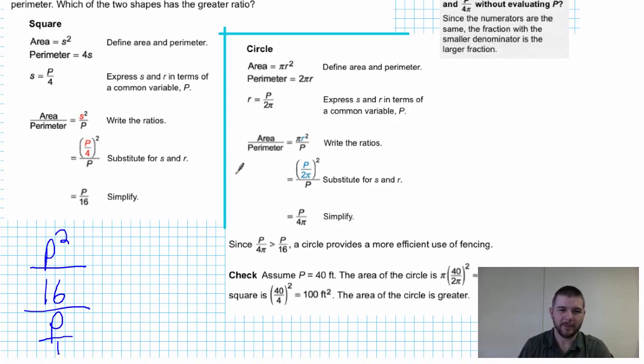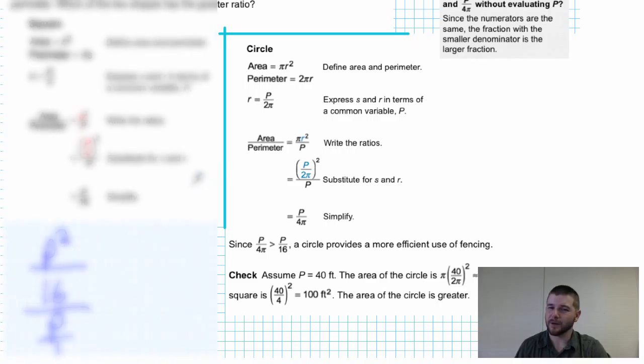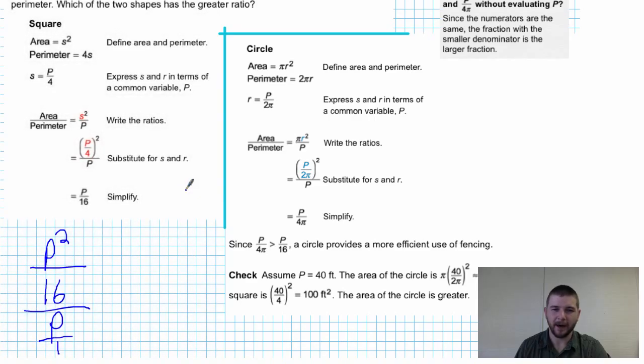So that's the ratio we're going to compare to the circle here. Circle's area pi r squared and its perimeter 2 pi r. Again, we'll rewrite r in terms of the variable p, so radius equals perimeter over 2 pi. And keep in mind the reason for doing that is we're going to be looking to substitute p over 2 pi for r in our expression in just a moment.